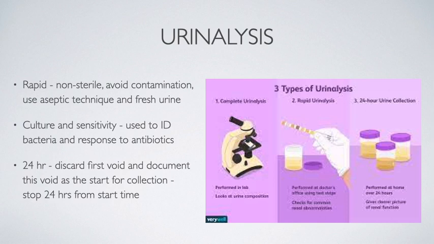Rapid urinalysis test. The culture and sensitivity test is typically done anytime we suspect an infection. This should be a clean catch procedure. You want to catch midstream, instruct the patient to clean their perineal area before catching this urine, or you're going to do this for the patient probably.